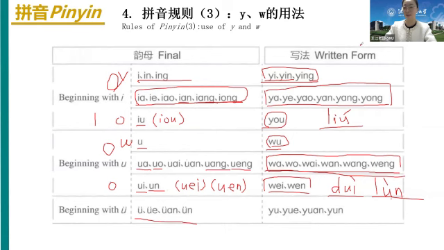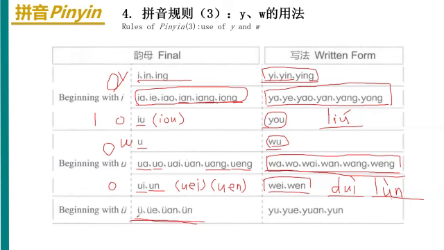Okay. So please read these finals. Yu, yue, yuan, yun. Very good. Okay, please read after me again.